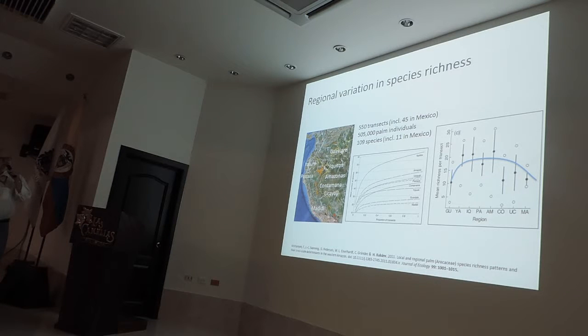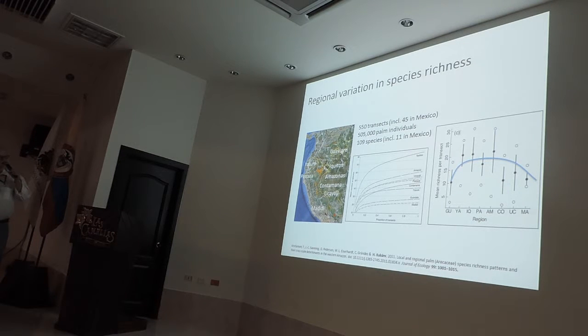If we take the Amazon part here, we have the transects located all the way from the far north of the equator. The equatorial line is here down to Bolivia, and these two far away places have much lower species accumulation curves, whereas the highest number is in the Iquitos area, just near the equator.